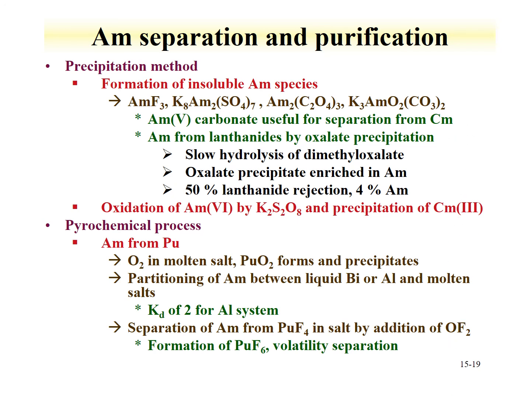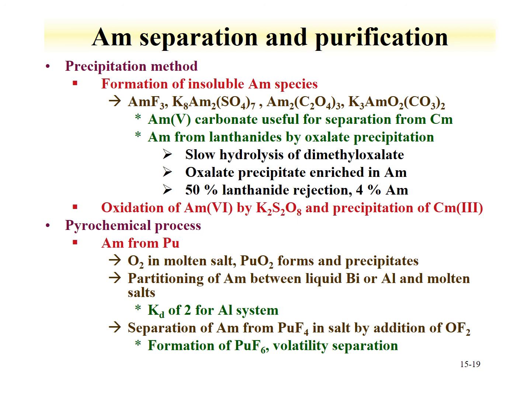Americium can also be separated from the lanthanides by oxalate precipitation, where particularly the use of dimethyl oxalate as a route for this selective method of precipitation to achieve 50% lanthanide rejection, with only 4% americium rejection. So in this case, the precipitate winds up being enriched in the americium.